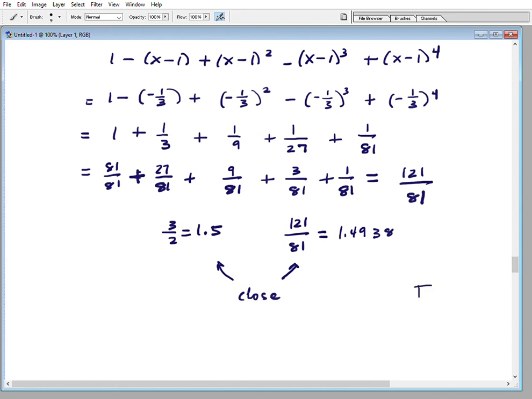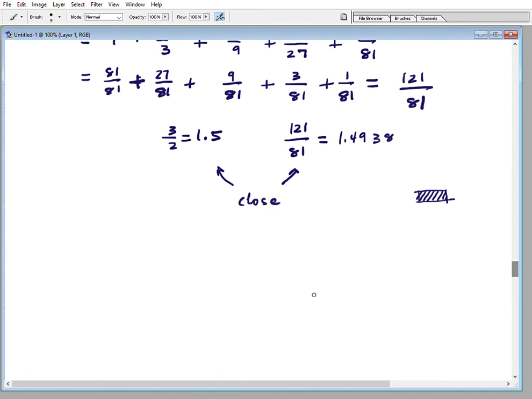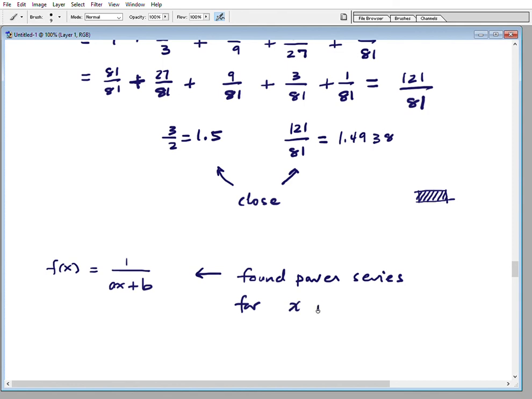So I think we'll end with this one. Just to summarize, so far in this section, all we did was find power series for something that looks like this. So we found power series for x in an interval, not for all x.